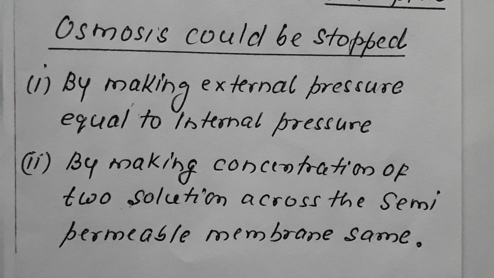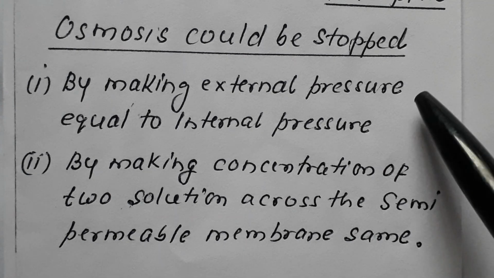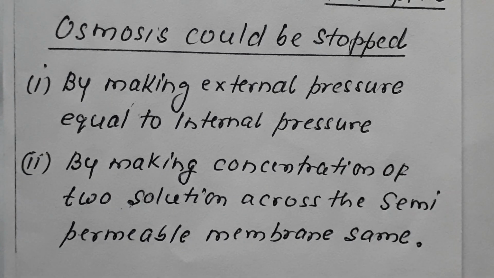So, can we stop the specific movement of solvent particles across the semi-permeable membrane? Yes. Number one, by making the external pressure equal to the internal. Number two, by making the concentration of the two solutions across the membrane equal, that is, making the two solutions isotonic to one another.